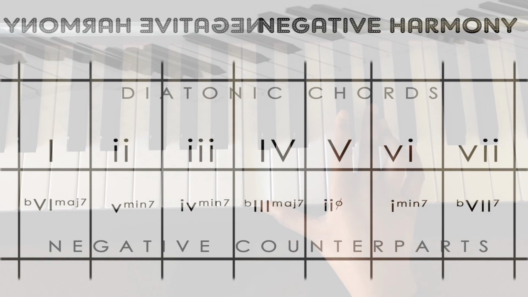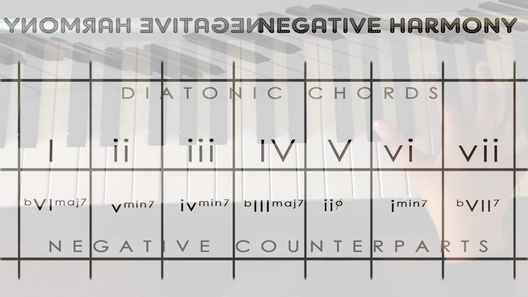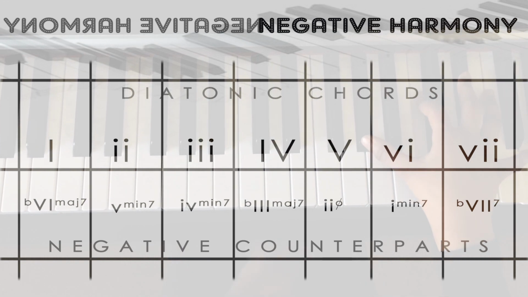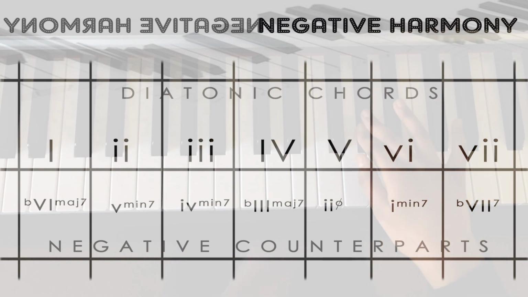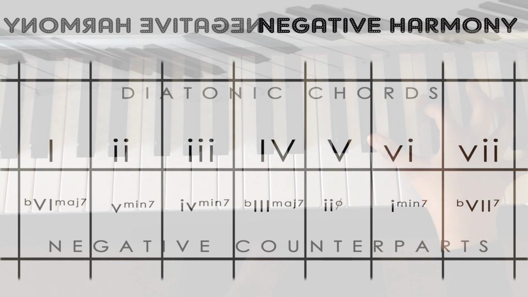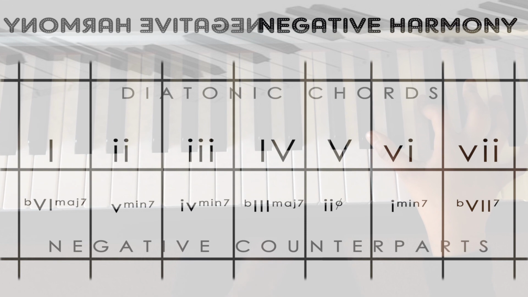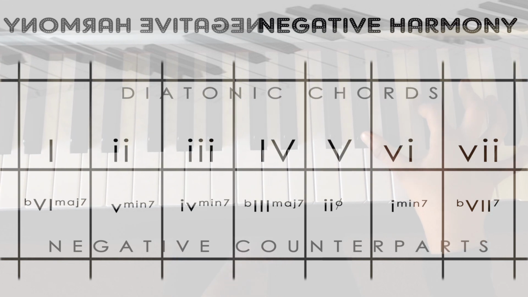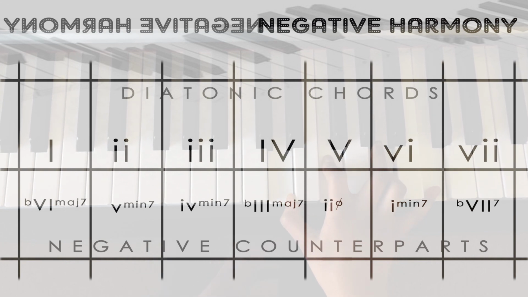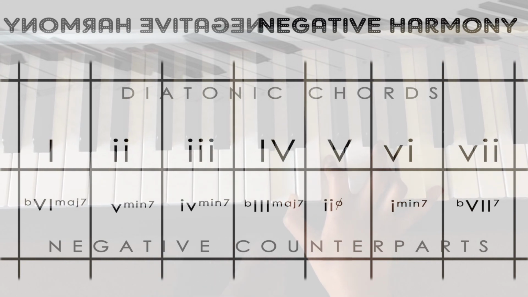So A flat is a flat 6th, and you just construct a major 7th chord going from A flat. So since A flat is a flat 6th of C, your flat 6 major 7th chord would just be A flat major 7.